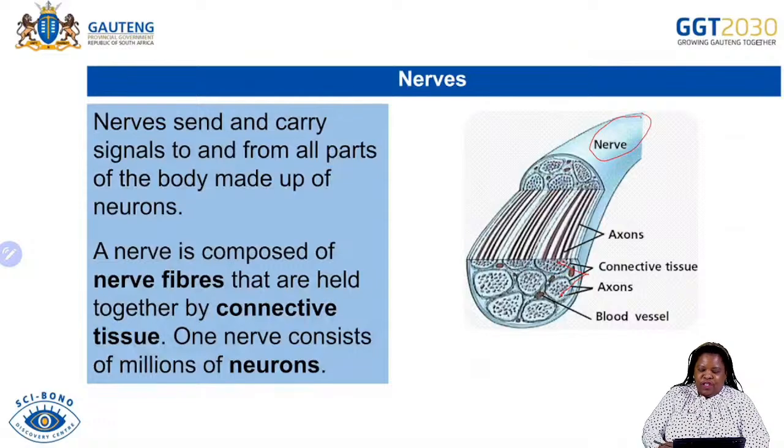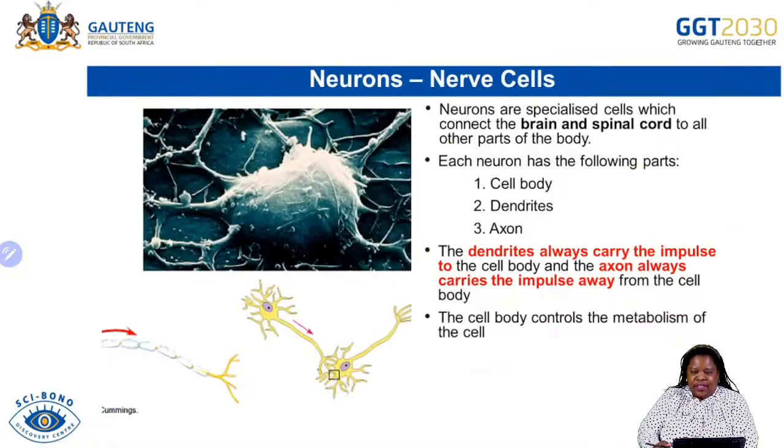Here are the connective tissues. So all in all, we've got many nerves throughout the entire body, and each nerve is made up of millions of neurons, right? So we've got the nerves, we've got the neurons.